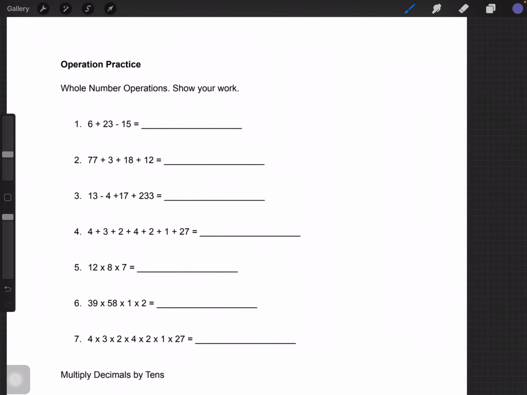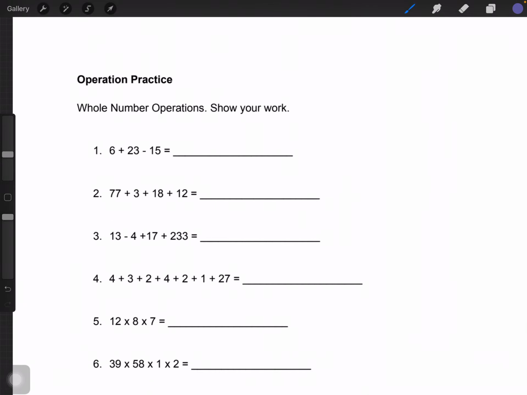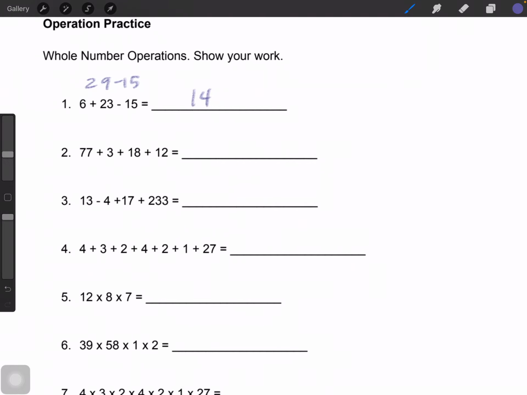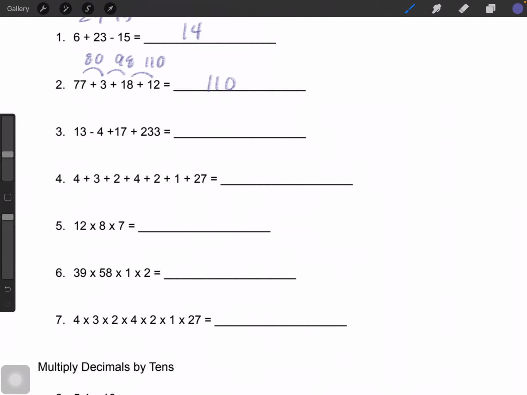So I'm going to do this really quickly because I'm assuming this is all review for you guys. 6 plus 23 is 29, minus 15 would be 14. 77 plus 3 is equal to 80, plus 18 is equal to 98, and plus 12 is equal to 110. 13 minus 4 is equal to 9, plus 17 is equal to 26, plus 233 is equal to 259. This is 7 plus 2 equals 9, plus 4 equals 13, plus 2 equals 15, 16, plus 27 is equal to 43.